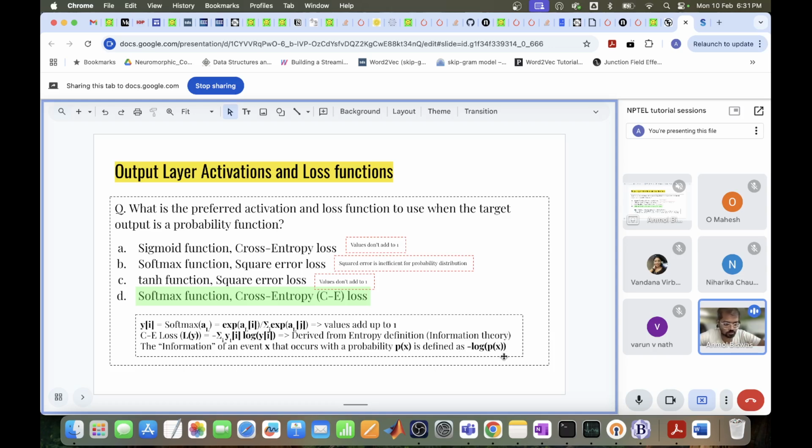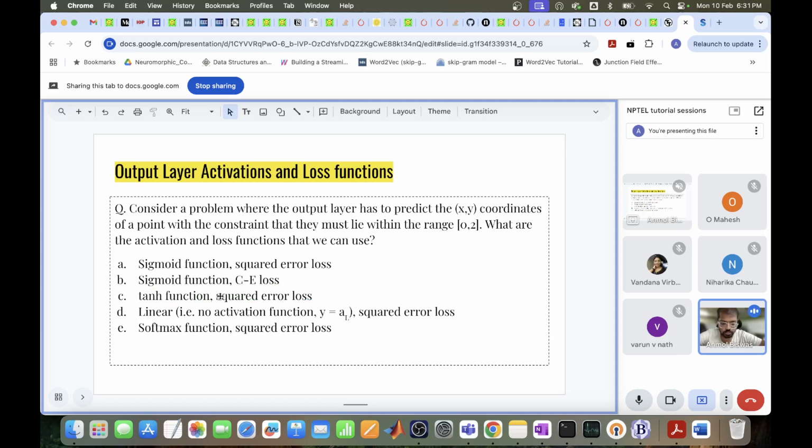So this is basically stating in a simple form a kind of result from information theory, which is also used in this loss formulation, right?